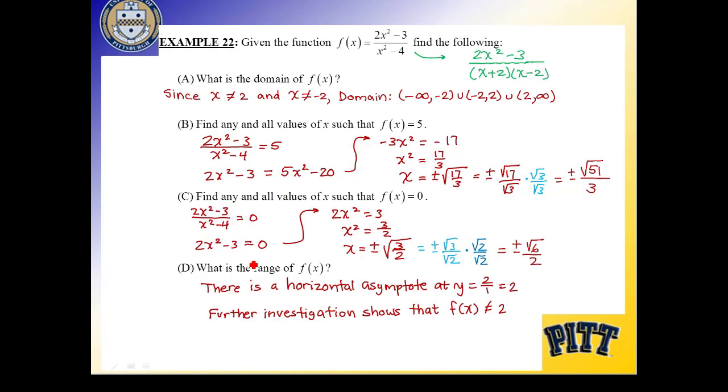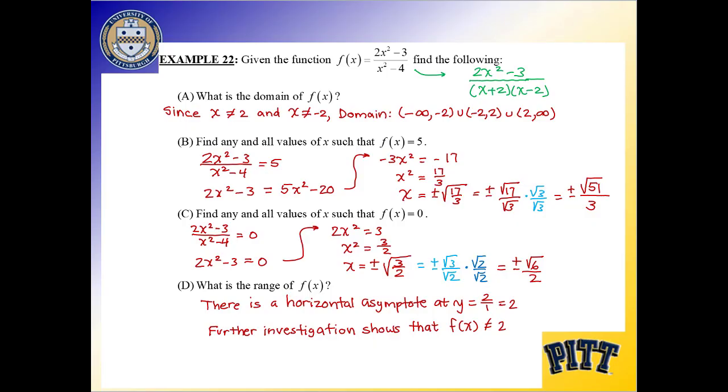With further investigation, which means looking at a graph, you would see that f of x avoids that horizontal asymptote every single time it gets anywhere near it. And this knowledge of f of x never actually equaling 2 can be established algebraically, but you can establish it much more quickly, along with other things about this graph, by looking at the graph itself.